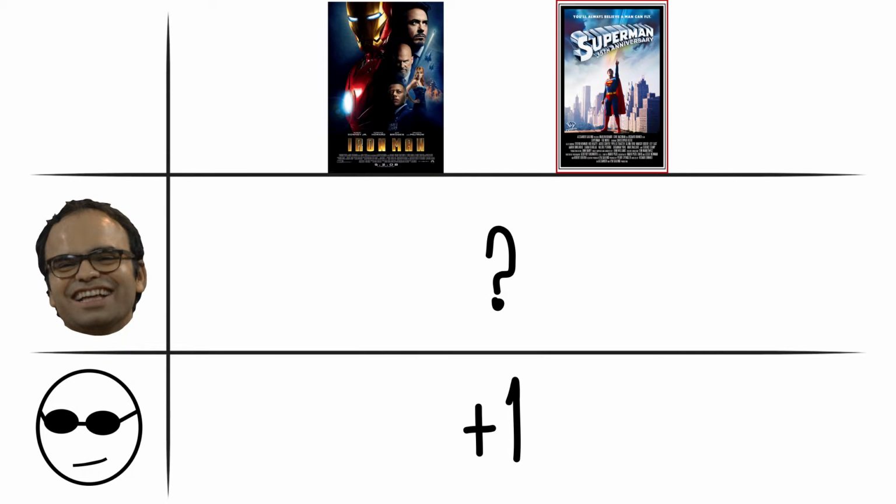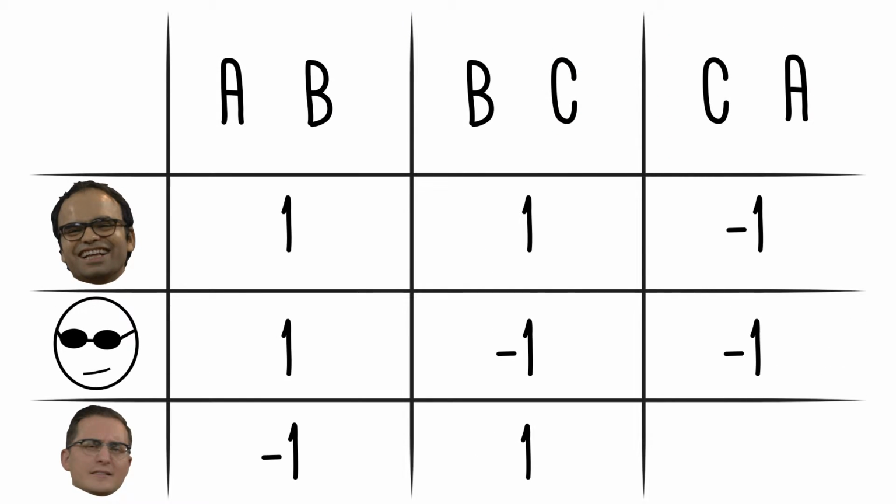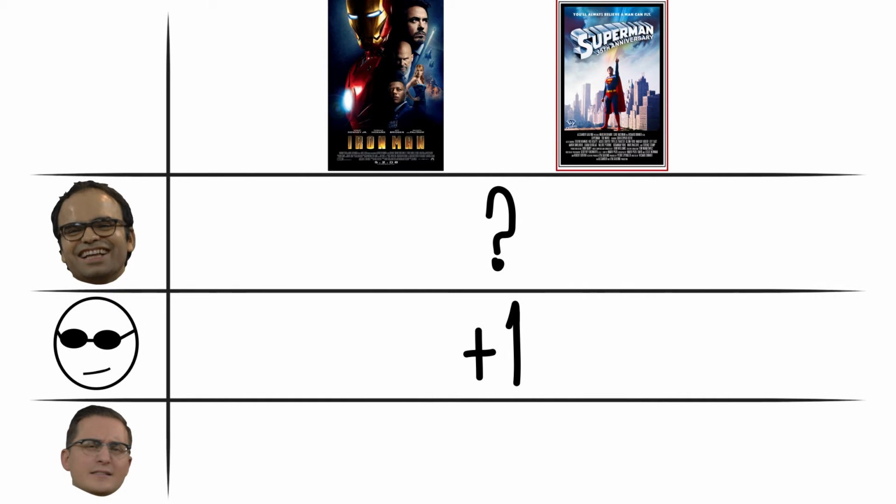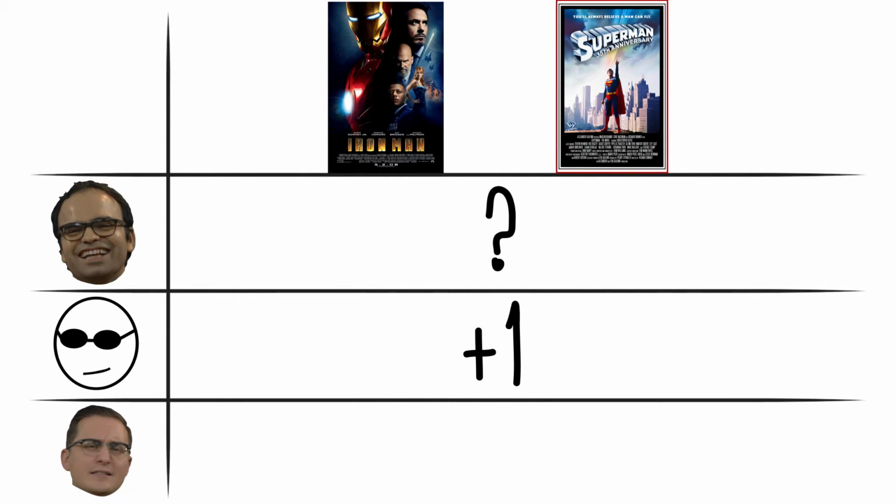Now suppose in addition there is our common friend, say Philip, who has also provided preferences over A, B and C. Then his similarity to myself is -1 over 3. And now suppose Philip does not like Iron Man over Superman, that is, he has given preference for Iron Man compared to Superman as -1, then we can use his -1 with weight of -1 over 3.